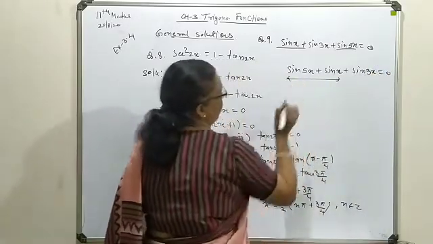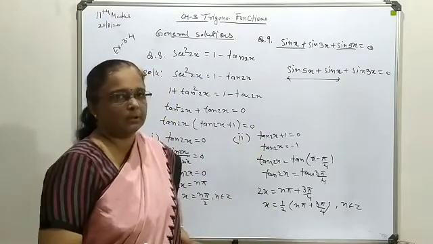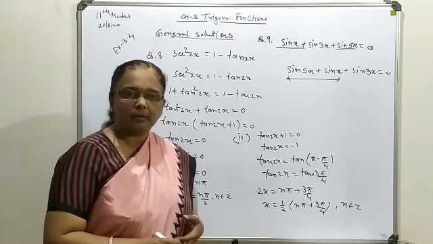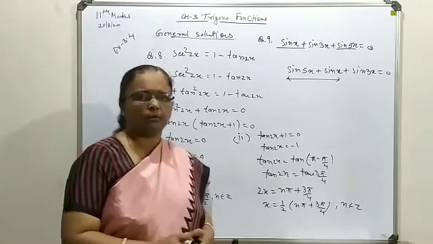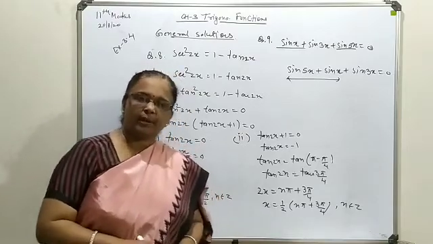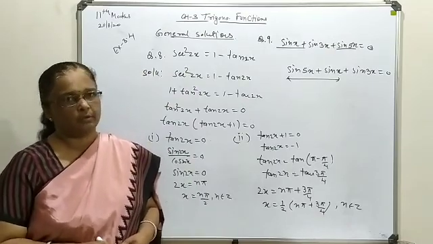On combining them, implement the formula, sin 3x you will have as a common term, and then easily you can write its general solution. So this way different types of combinations you can handle for a given trigonometric equation with respect to principal solution and general solution. Thank you.